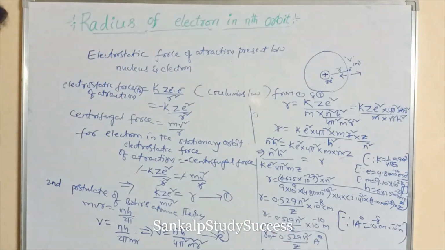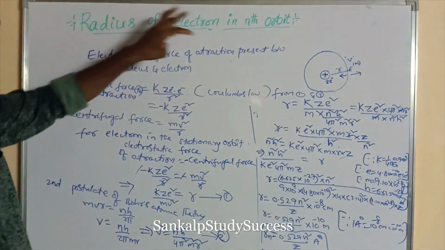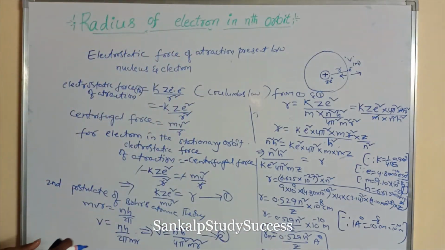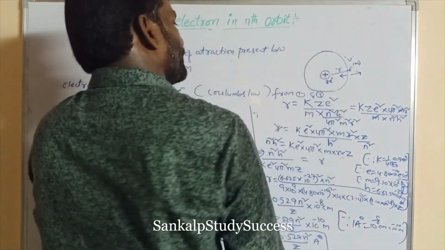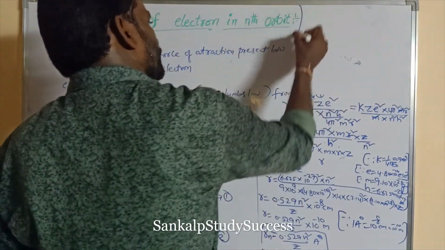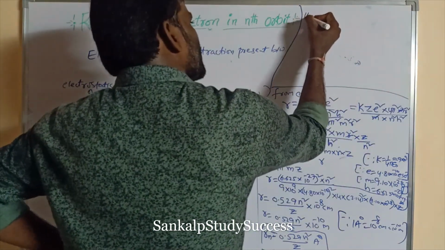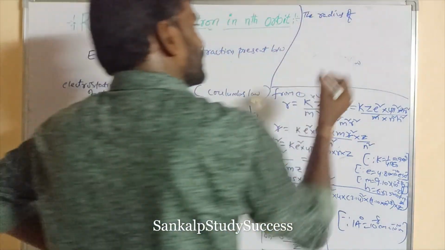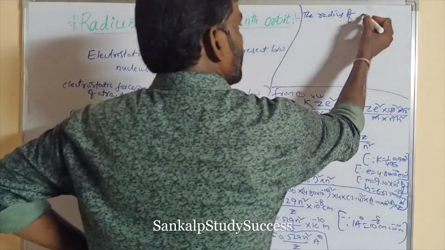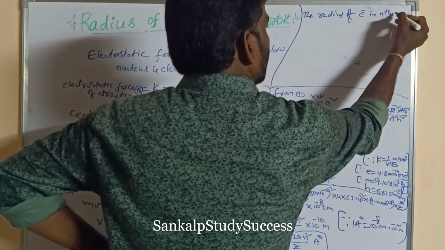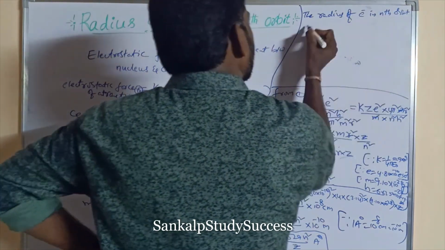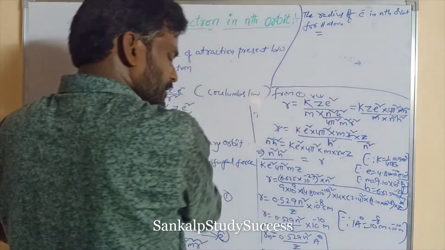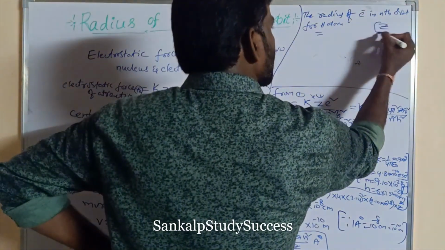So this is the value of radius of electron in the nth orbit: Rn is equal to 0.529 n square by Z. Now the radius of electron in nth orbit for hydrogen atom: for hydrogen atom Z is equal to 1.